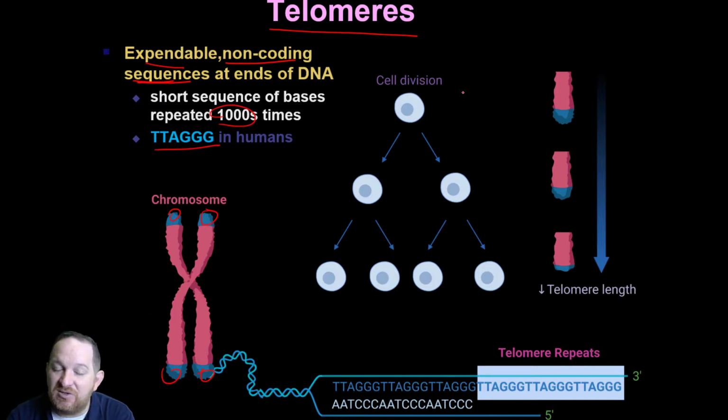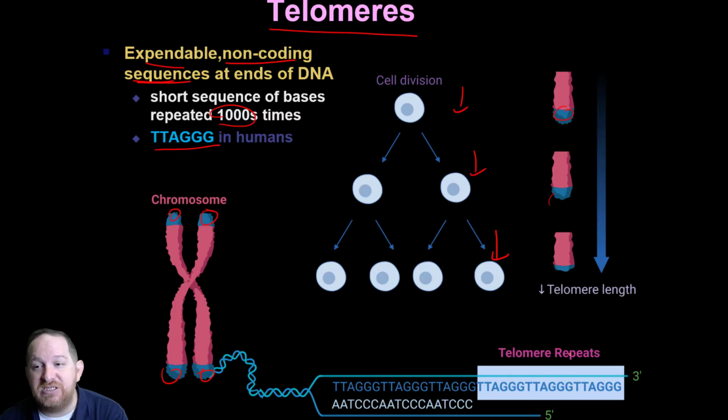As cells divide, as we get older and go through replication and mitosis many times, notice that the length of the telomeres gets shorter and shorter as we age. Many scientists think this is one of the causes of aging because our DNA gets shorter and shorter over time.